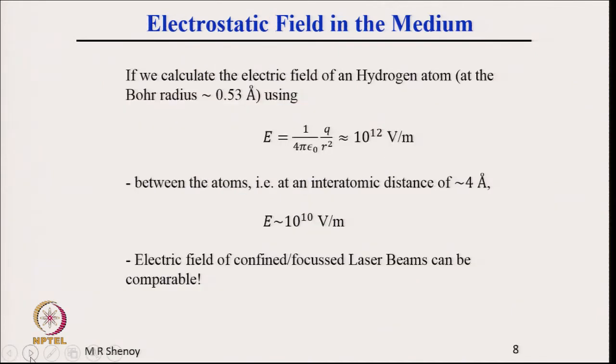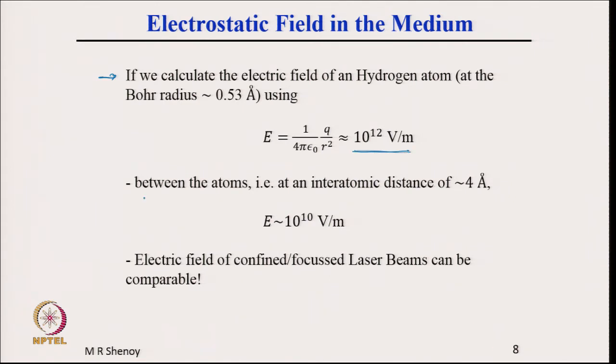Okay. Now, let us calculate what type of electrostatic field is present in the medium. If we calculate the electric field of a hydrogen atom at the Bohr radius, which is about 0.53 angstrom, using E is equal to 1 by 4 pi epsilon 0 into q by r square, where q is the charge, equal to 1 into e, and substitute the values, we will see that it is of the order of 10 to the power of 12 volts per meter.